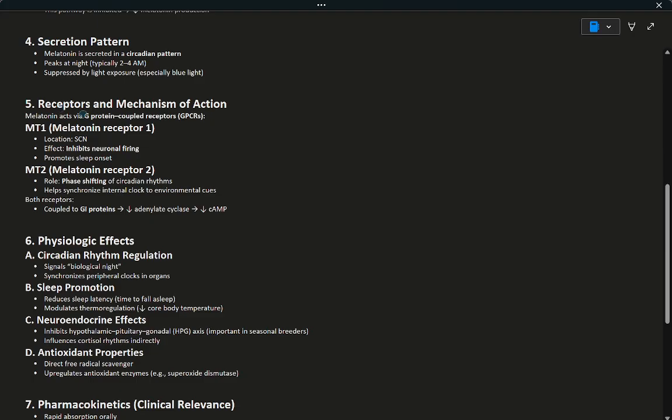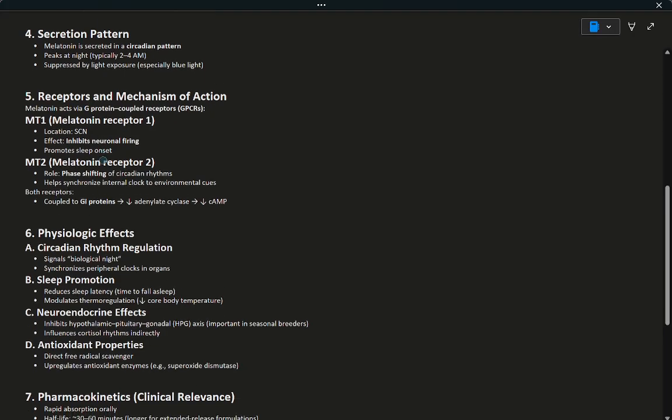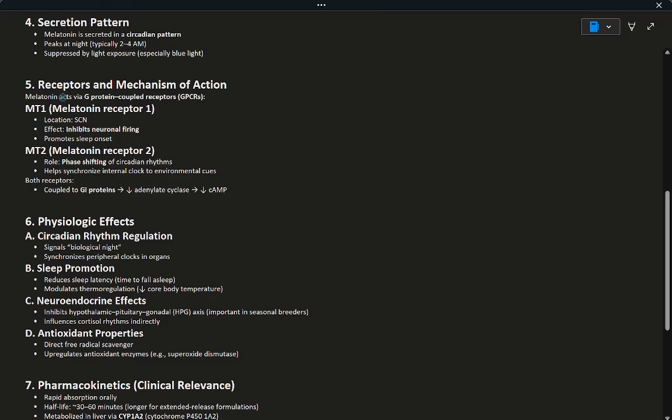And then let's talk about receptors and mechanism of action of melatonin. So melatonin acts through the G protein coupled receptors. First we have the MT1, which is the melatonin receptor 1.